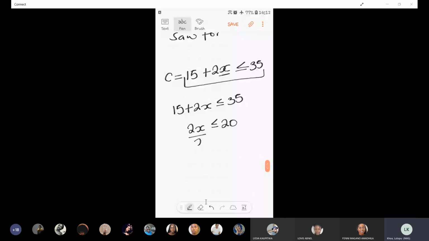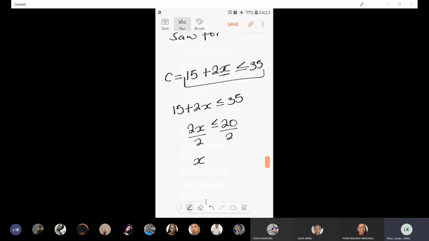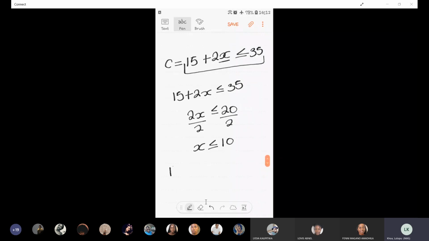So remember, when we divide by 2 on both sides, the sign does not change because 2 is a positive number. Only when we divide or multiply by a negative number does the sign change the direction that it is facing in. So x is less than or equal to 10, so that tells us he can afford to rent it for at most 10 hours.